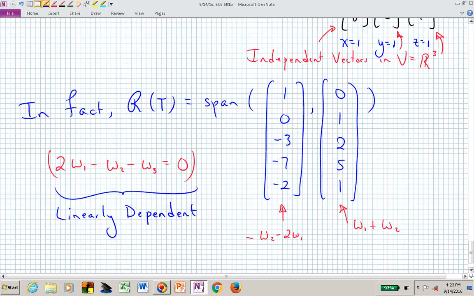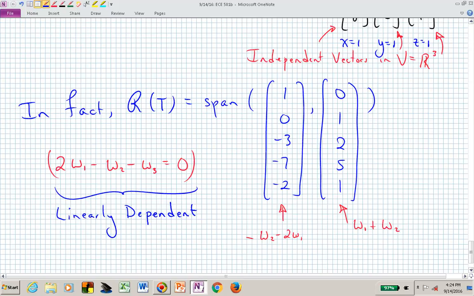They would have to be 0, because one can't be a linear combination of the other, and vice versa. So they're all three linearly independent. The only way that you can add those three, if they were linearly independent, up to get the 0 vector would be if their weighting coefficients were all 0. That's what we mean by linearly independent.